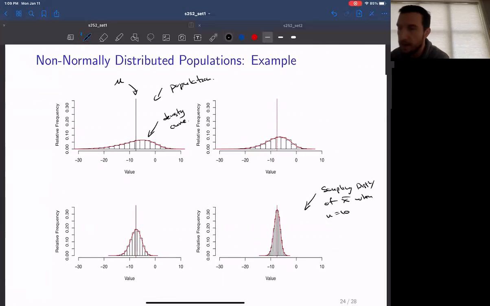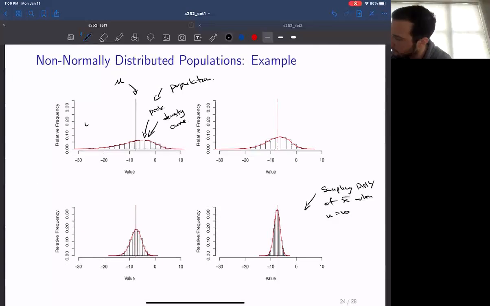So you can see that the peak is to the right of mu. So we have left skewness. So this would be what we would classify as a non-normal shape, right? It's not that symmetric bell curve style shape that we are accustomed to.